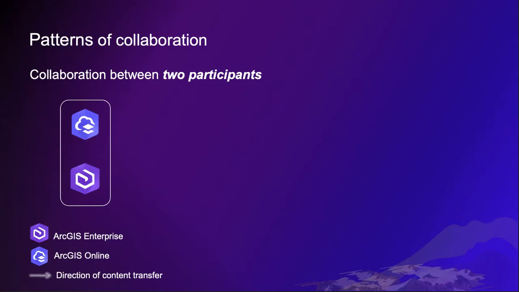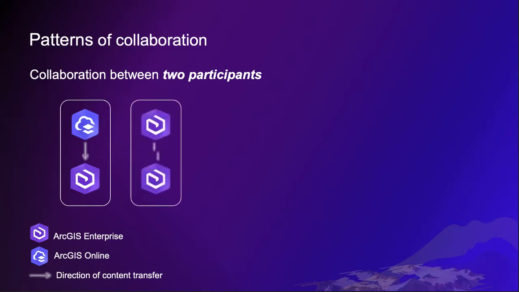We have an ArcGIS Online organization and an ArcGIS Enterprise organization. Data can flow from enterprise into online and back. Depending on how you share your data within those groups, it can flow from either enterprise to online. Now here's another one of ArcGIS Enterprise to ArcGIS Enterprise.